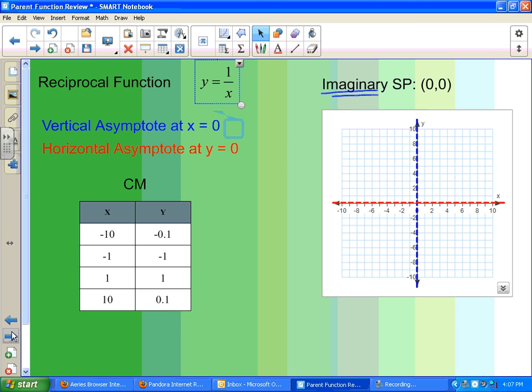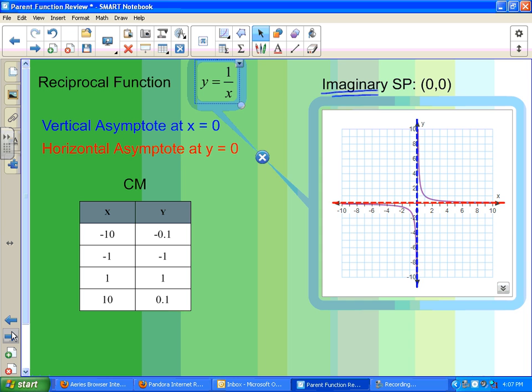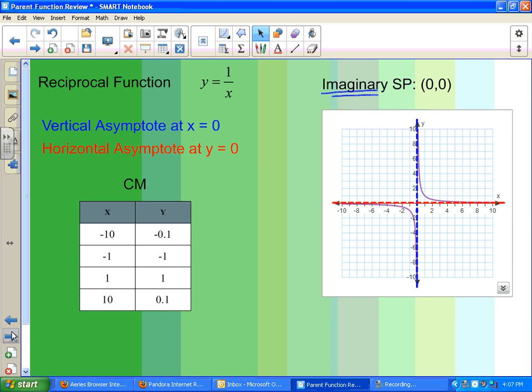If I were to create the graph for this, we get these branches that create this hyperbola. And we have 2 main critical movements, and those would be these 2 here.